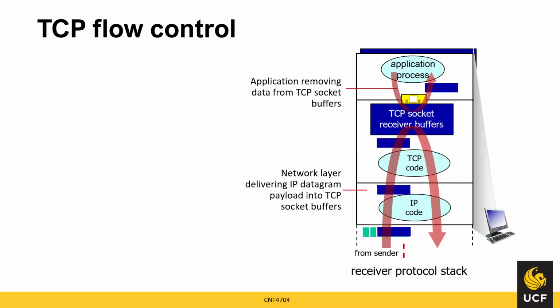But the question to get you thinking about flow control is: what if the data keeps arriving faster than the application can read from the buffer? We are receiving a lot of data that is being stored in the buffer, but the application is not reading it as fast as it is being received. So how do we make sure that everything stays in flow control?